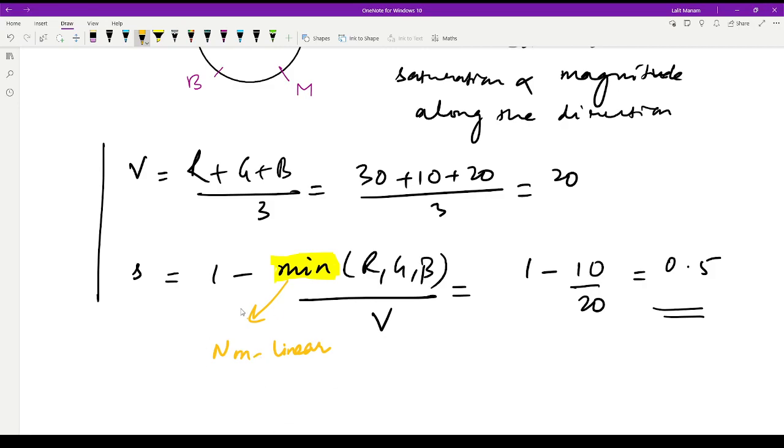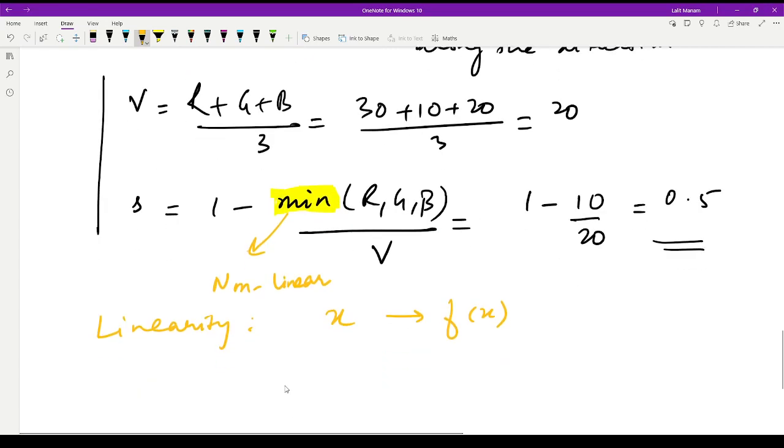What do you mean by linearity? So if x gives f of x, kx should give you k times f of x, right? The basic definition of linearity. So what is minimum out here?